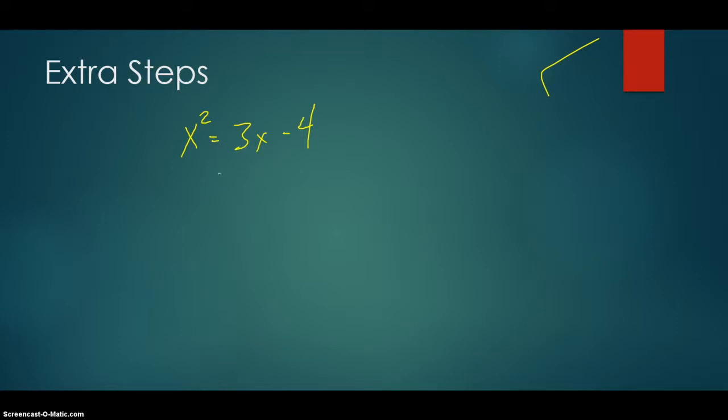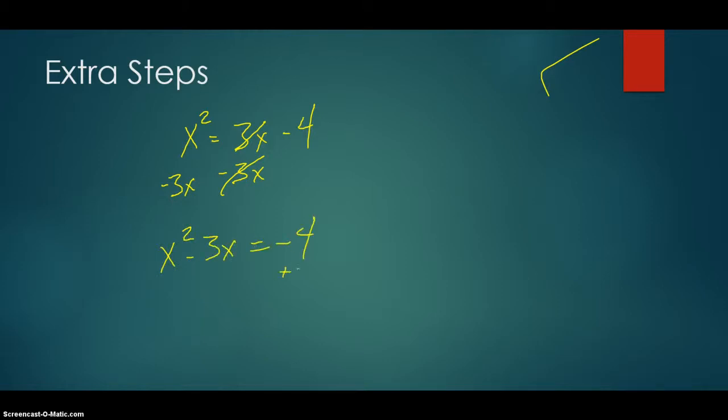But I can use a little bit of algebraic manipulation, and I can subtract the 3x from both sides. And look, x squared and 3x are not like terms. I can't combine them in any way. All I can do is insert this 3x into that expression.